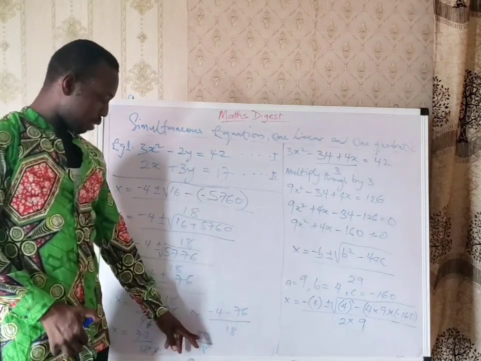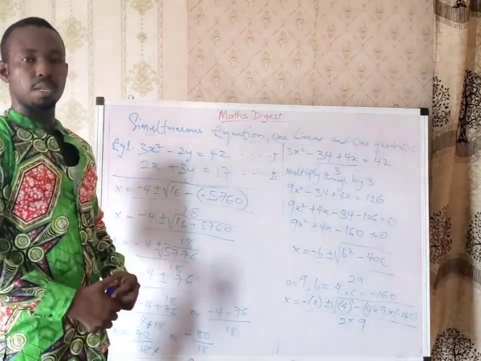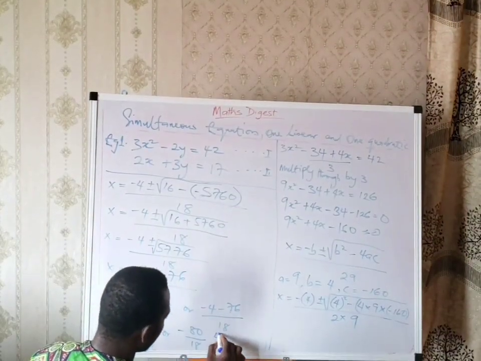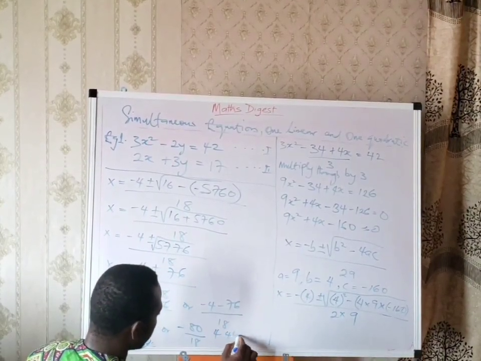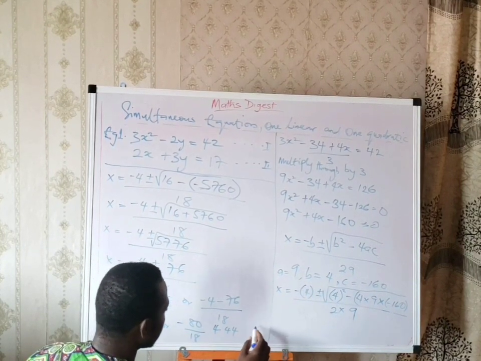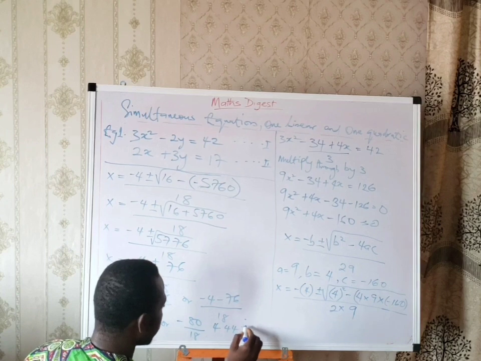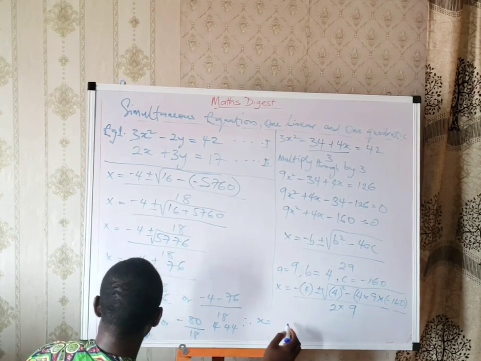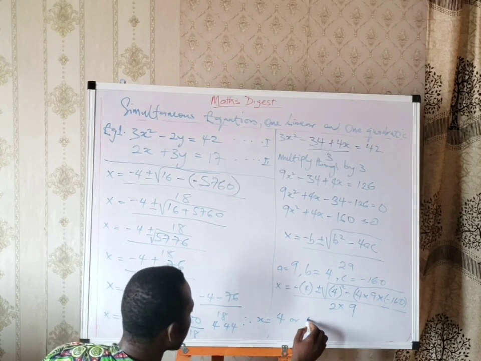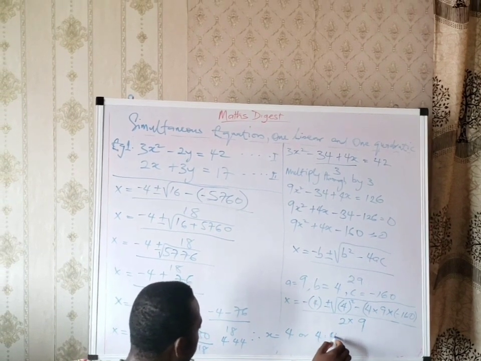So divide 80 by 18 quickly and give us the answer. It will give you 4.44 and the rest of it. So we now have that x is equal to 4 or 4.44.